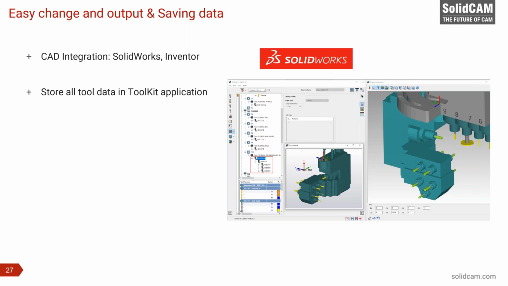You do not need any other storage for this data. And you have the storage, for example, like a setup for a machine, and you can have the storage like a part for this particular part, for this particular project. For example, you used this set of tools and holders and so on. All this information could be stored and changed and converted very easily.